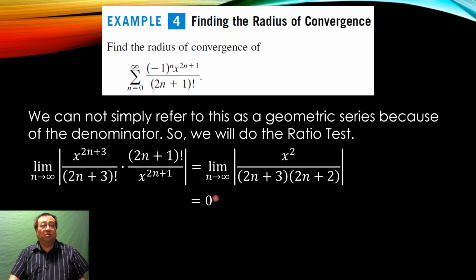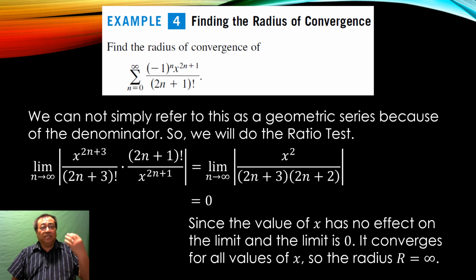All right. So what's this one? Well, since the value of x has no effect on the limit, and the limit is 0, it converges for all values of x, so the radius is infinite. So this is an example of a series where the radius of convergence is infinite.